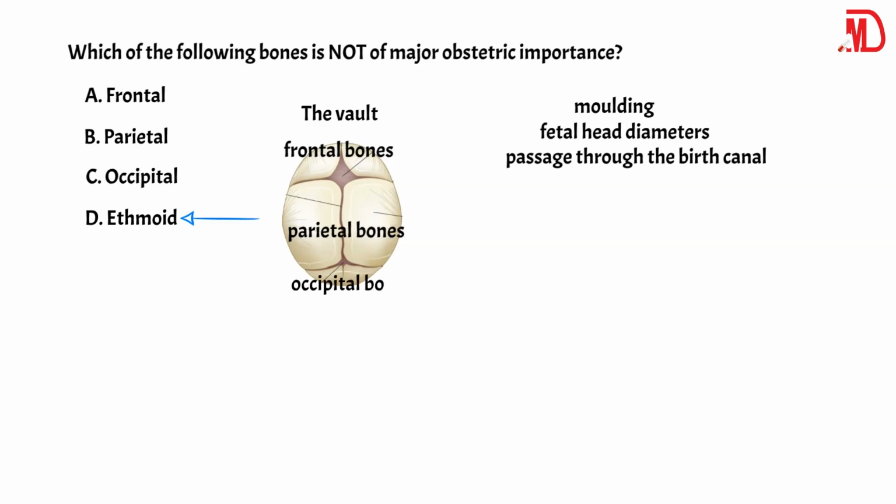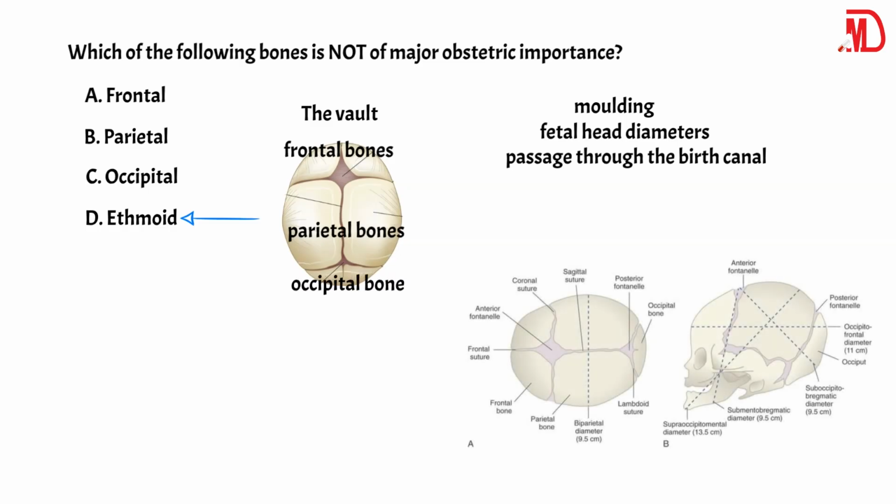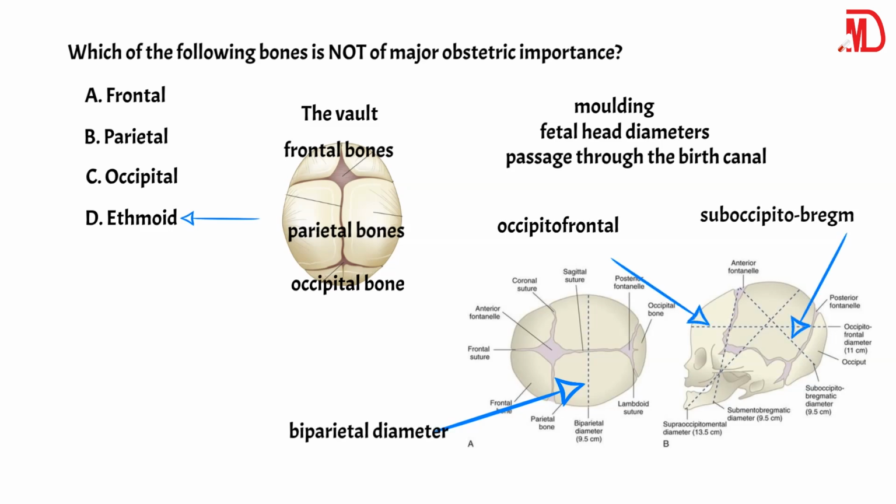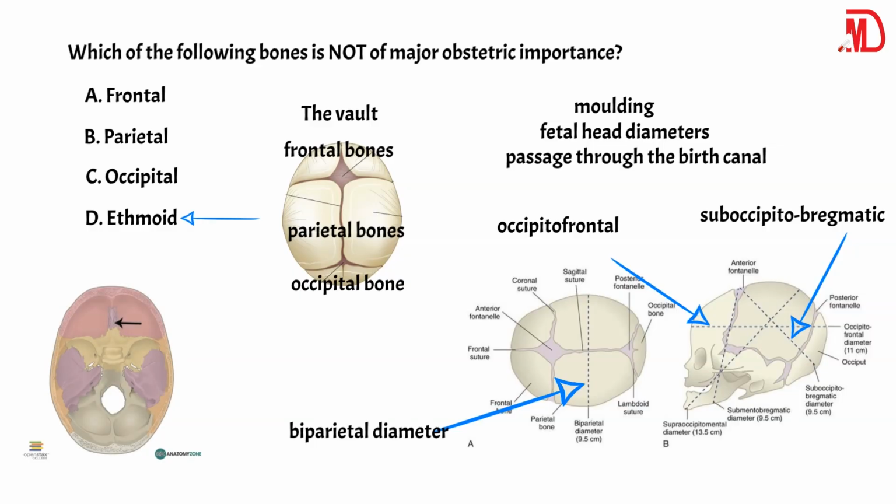These determine key diameters, such as the biparietal diameter, occipitofrontal, suboccipitobregmatic, etc. The ethmoid bone is a small central bone located deep within the skull, between the orbits and nasal cavity, and does not influence labor mechanics, fetal head molding, or obstetric diameters. Therefore, ethmoid bone is not of major obstetric importance.